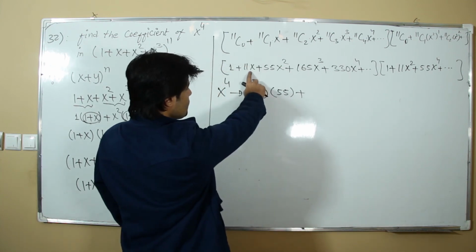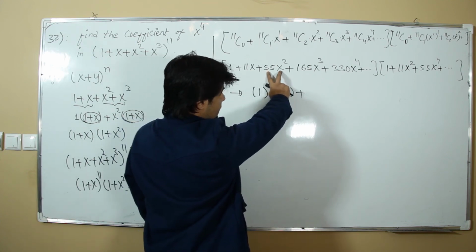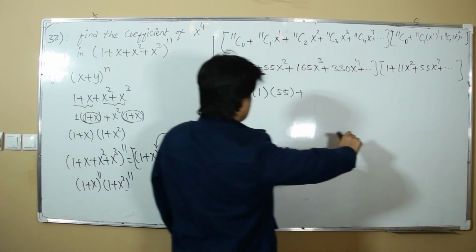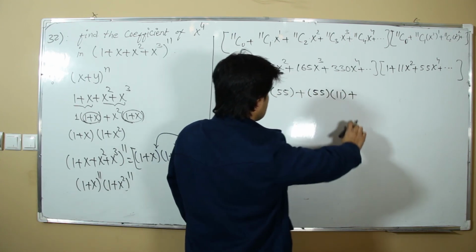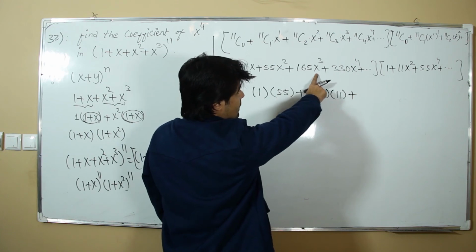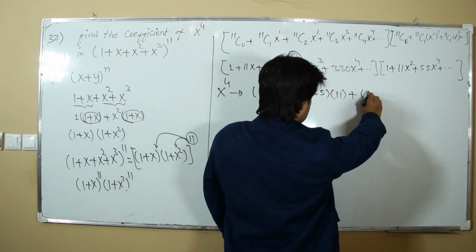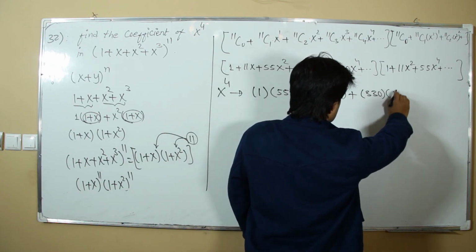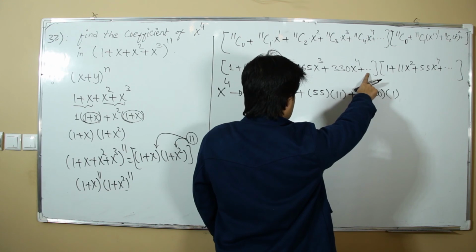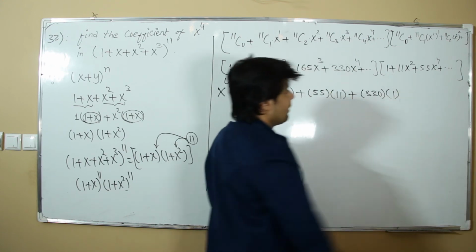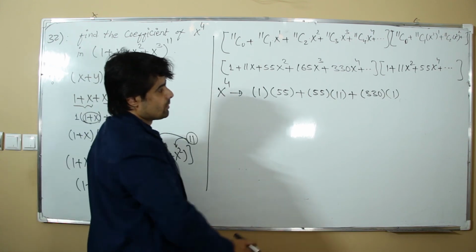So it doesn't give any x to the power 4, but this x squared gives with this one x to the power 4. So 55 should be multiplied with 11 plus x to the power 3, there is no x to the power 1. X to the power 4 with this one, I mean 330 times 1. The next term after this one is x to the power 5, which doesn't give any x to the power 4. So this is your solution.